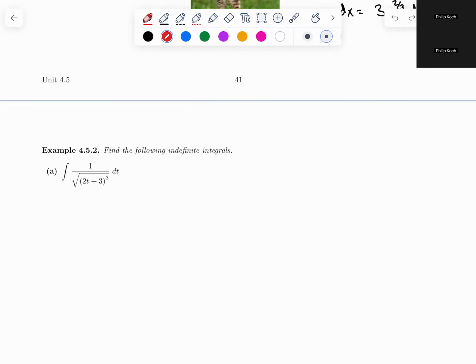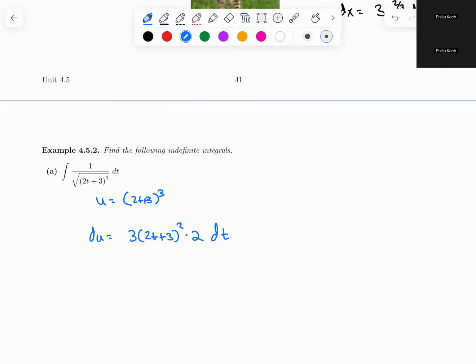Because you can think about it. So we wouldn't want to use u equals 2t plus 3 cubed. Don't write this down. This is not correct. You don't want to do that one, and I want to show you why. So this is what would happen. This is why we don't want to do that. Well, then du would equal 3 times 2t plus 3 to the second power times 2 dt.